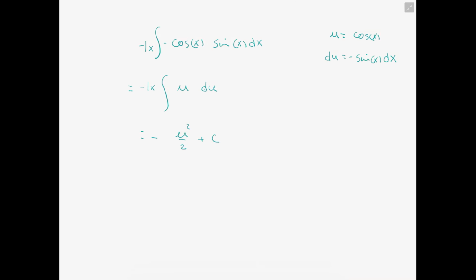Now we put our substitution back, and we have minus 1/2 cosine squared of x plus c. And that is our answer.